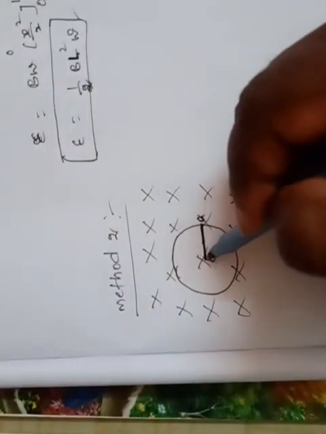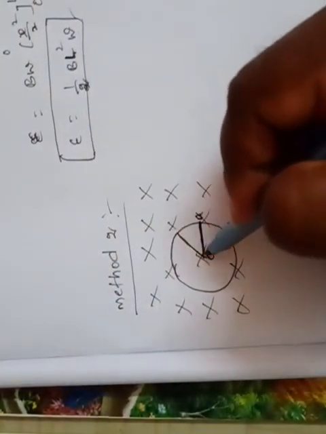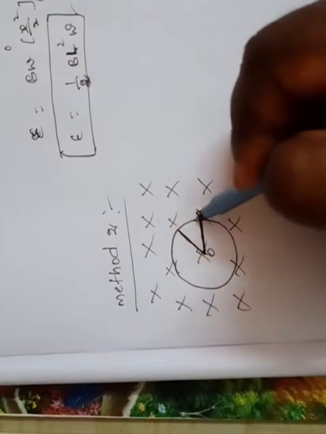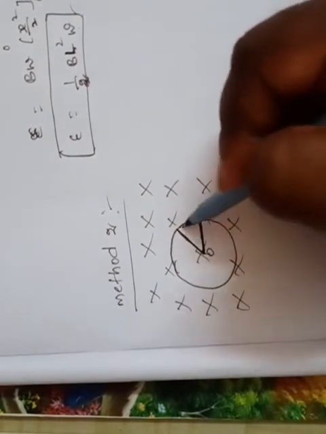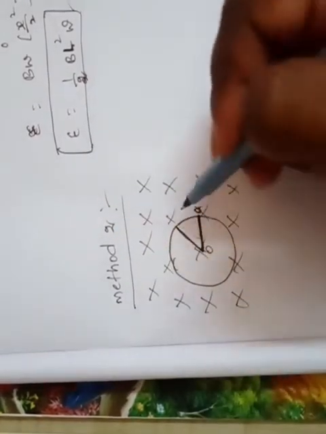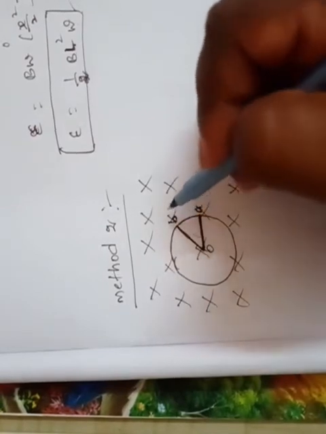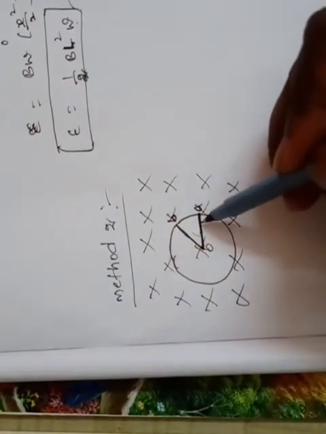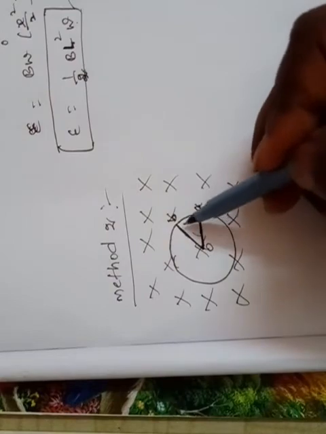So at any instant, suppose this is the area covered by this rod. So at any instant, this rod covers this area. So what we call this is the sector.